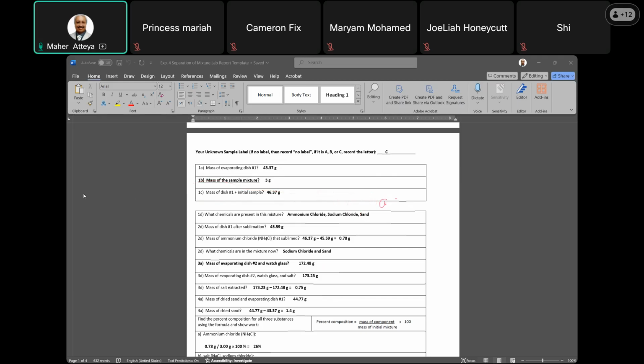It has sand, it has kitchen salt. That's Na, by the way, guys. I apologize, I can't use the stylus. It's not a touch screen. And then the third one is ammonium chloride.